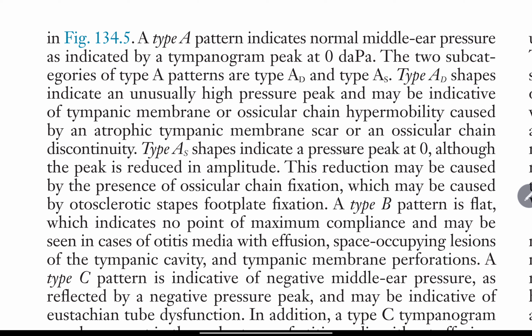Type As shapes indicate a pressure peak at zero, although the peak is reduced in amplitude. This reduction may be caused by the presence of ossicular chain fixation, which may be caused by otosclerotic stapes footplate fixation. A type B pattern is flat, which indicates no point of maximum compliance and may be seen in cases of otitis media with effusion, space-occupying lesions of the tympanic cavity, and tympanic membrane perforations.